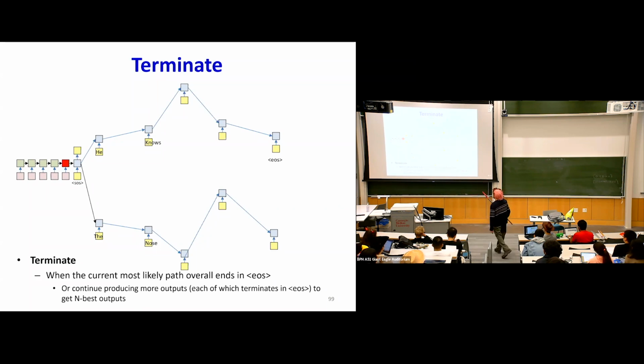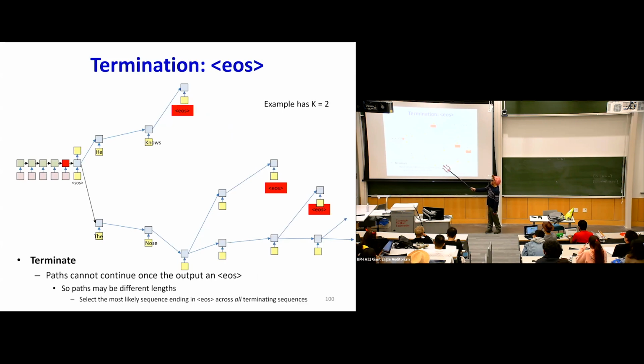This sequence of words might have a probability of 0.1, and this sequence of words might have a probability of 0.9, although it has not terminated. So now I'm only going to be expanding this one, and I'm going to keep expanding it till I get a sequence terminating with end of sequence that is the highest probability sequence so far. And that's what I'm going to output as my final word sequence.